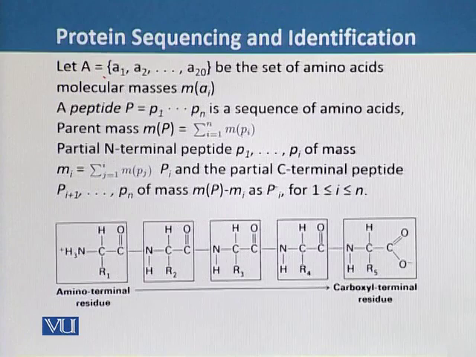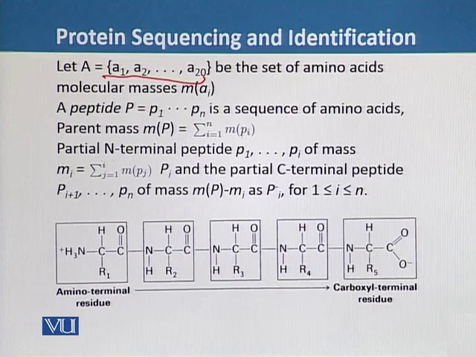So consider that A1, A2 up to A20 is the set of amino acids, each with a molecular mass, MAi, that we will calculate later. And a peptide P: we know that when we break the proteins, peptides are generated.